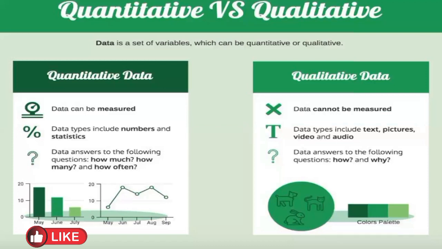In comparison to quantitative data, we have qualitative data. Qualitative data cannot be measured. Its types include text, pictures, video, audio, and other kinds of data. The questions it answers are how and why. Why is this different from this?